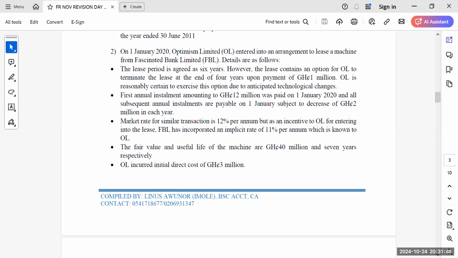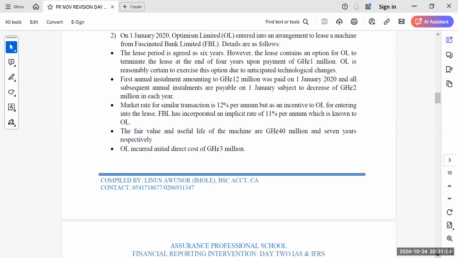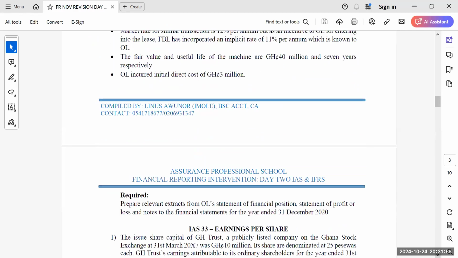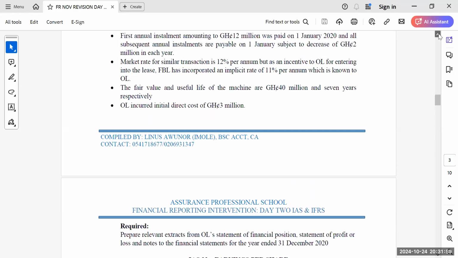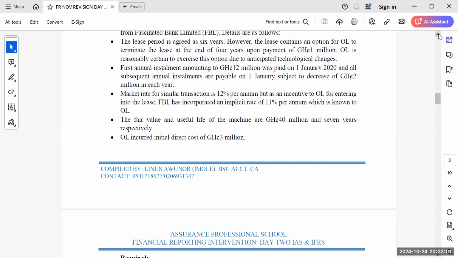Did the lessee incur any direct cost? Are they incurring any direct cost over there? Yes, 3 million. The right of use is just treated like any other asset. It's an asset that we are taking from the person. The direct cost over here can be a delivery cost or installation cost.